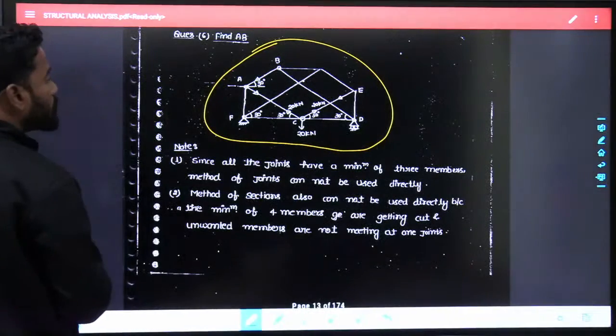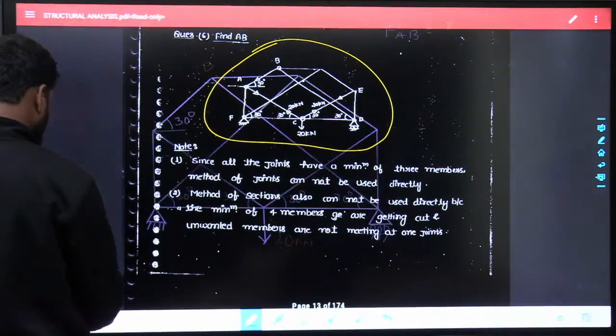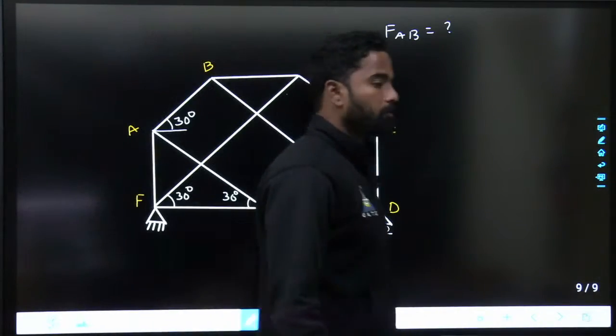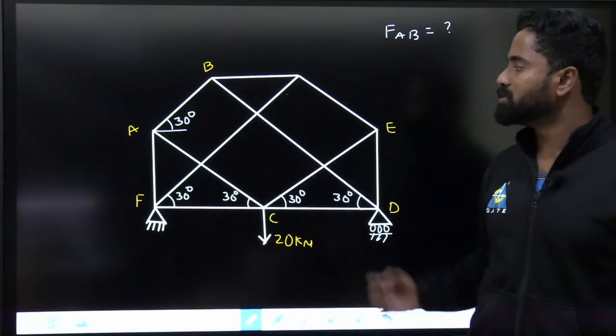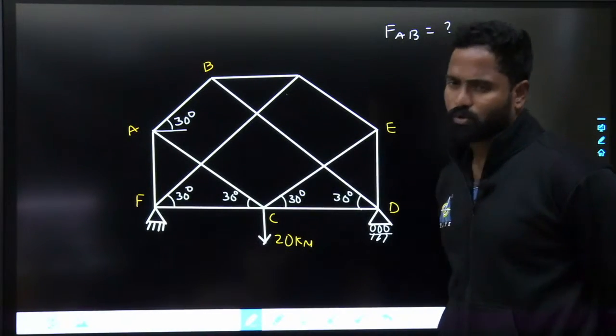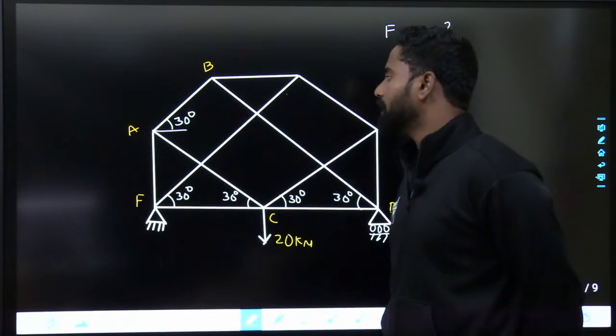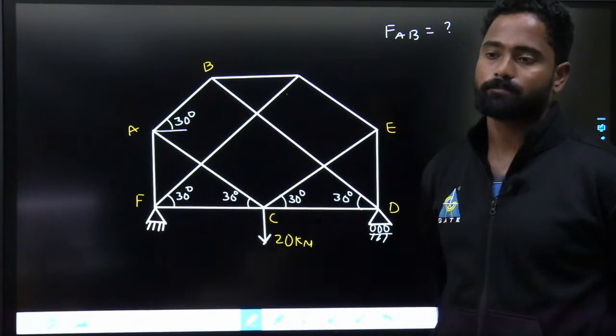I am just asking, what is the force in member AB? Please give me the answer. Whatever method you want to use, method of joints or method of sections, use it and give me the answer. Please solve it.